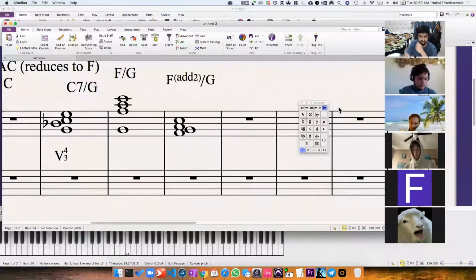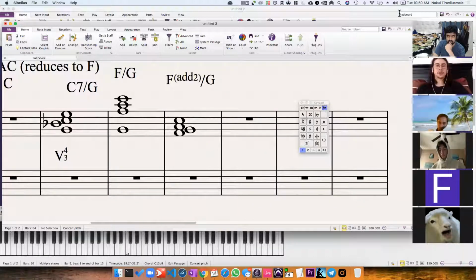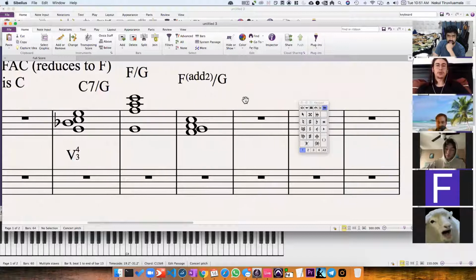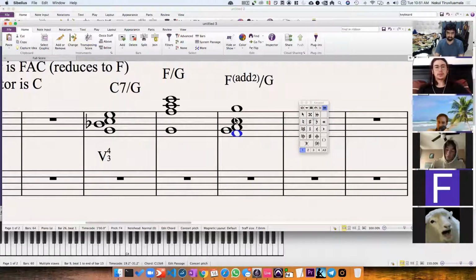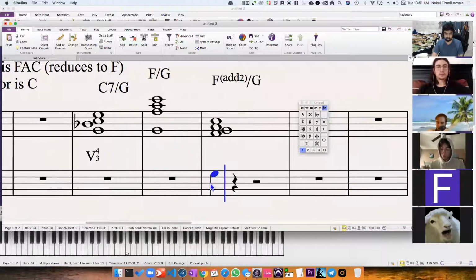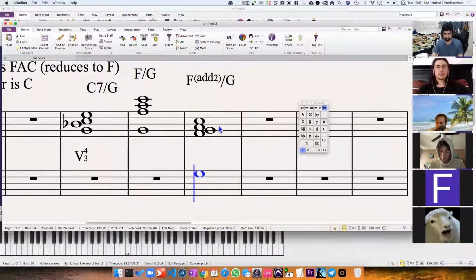Anyway, any questions, guys? Yeah, sorry, I think I missed something, but why is the third chord on the screen written out as F add 2 over G? Oh yeah, that's incorrect. Okay, so what I meant by that was, if you were inverting this, well, it's actually not at all.